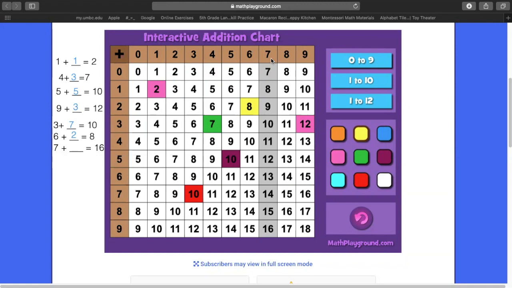Can you help me count down to the 16? What is the answer? 9. Wow, Finley, give me a high five. Thank you for your help. 7 plus 9 equals 16. Wow, that's a big number.